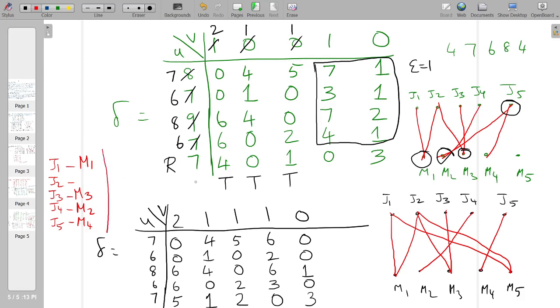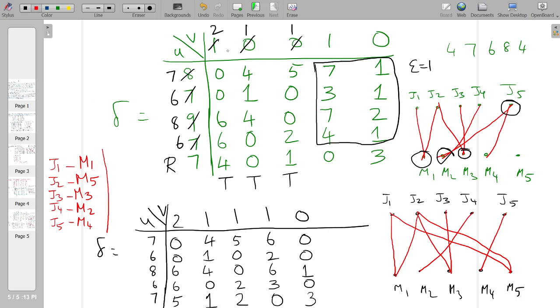And J2 now has three options, M1, M3, M5. And out of this M3 and M1 are assigned, so I have to necessarily assign M5 here. Okay, you can see that J1 has two options, M1 or M5, so I have assigned M1 here, so I get this.